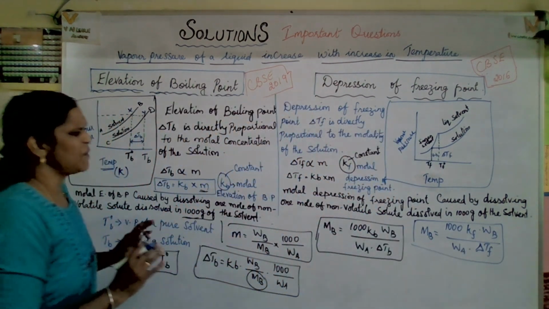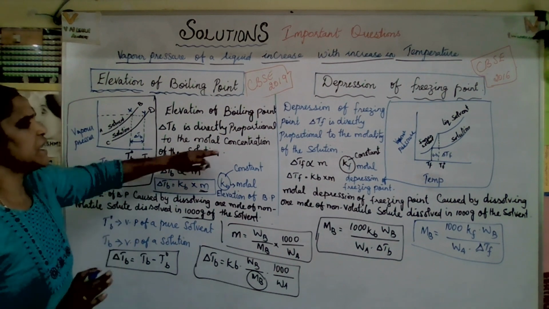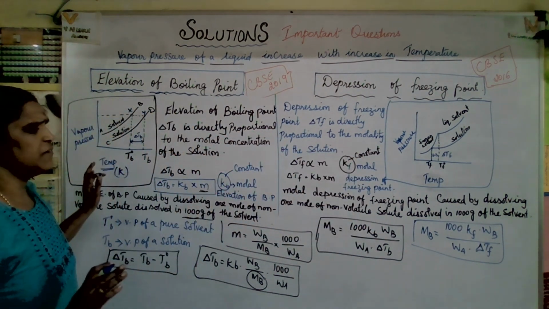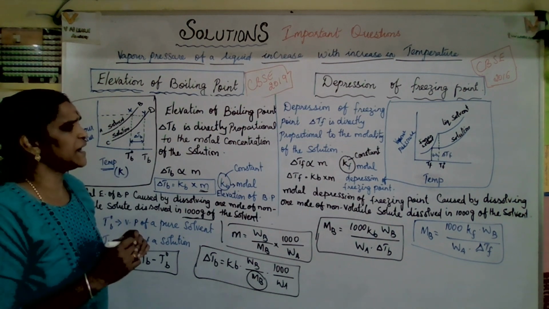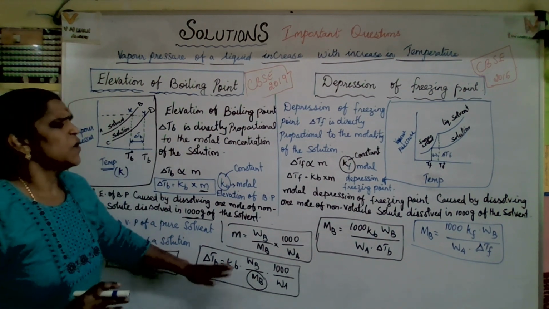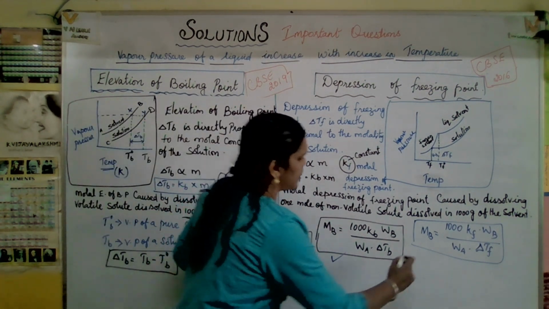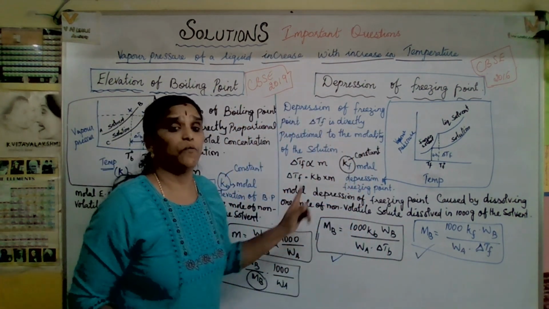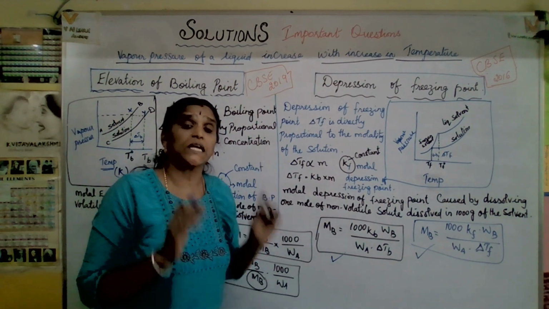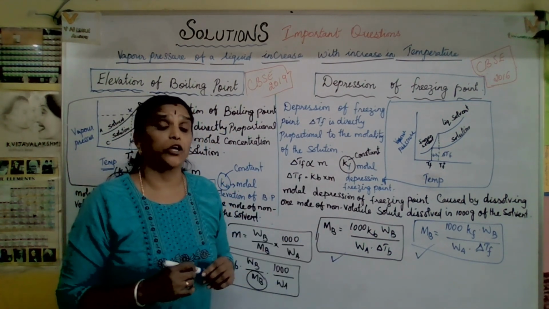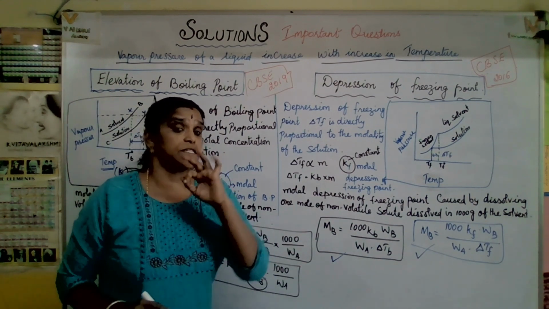Both are the same only. The only thing is here depression of freezing point, the same idea; there elevation of boiling point, the same idea. Just now we are bringing related sums. These are the two formulas we require, which is what we went this way to get. Now these two formulas are very important to solve the sums, which are 3 mark questions.